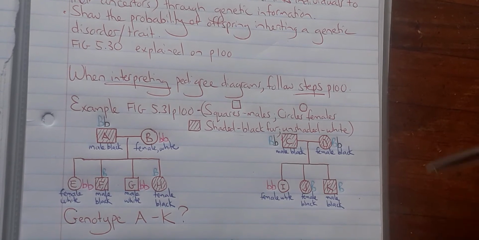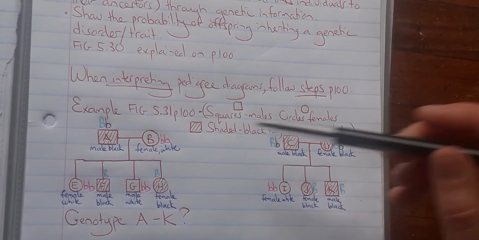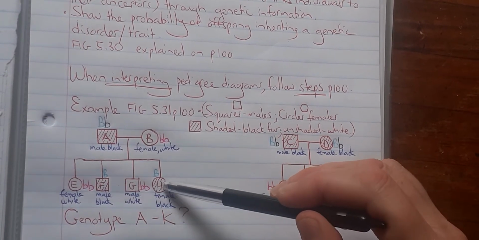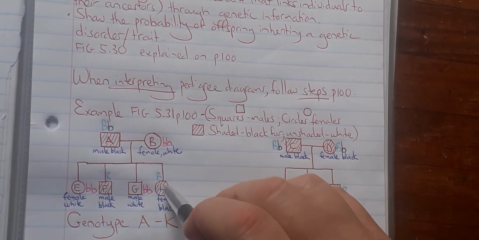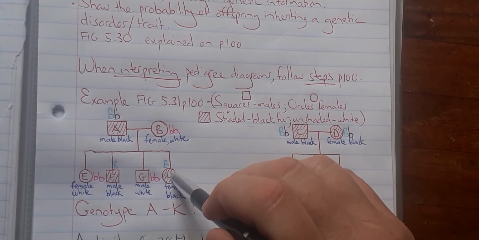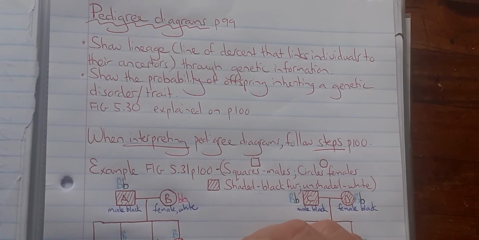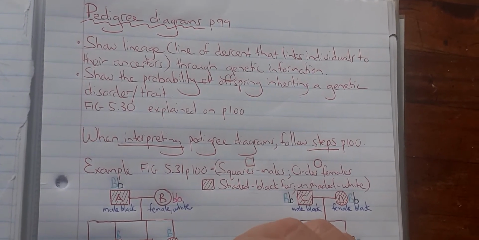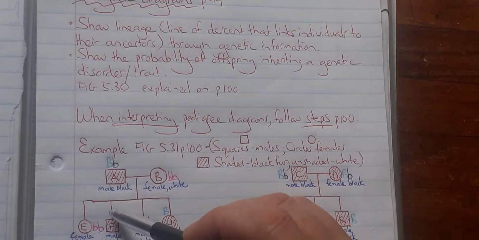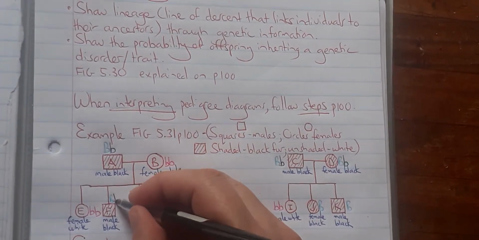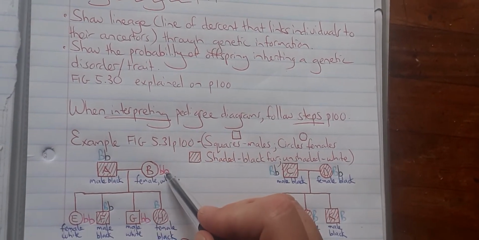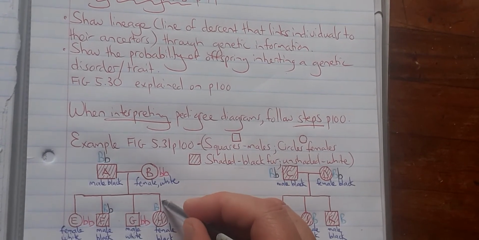Okay, now offspring F and H have one parent with the recessive condition and will therefore inherit one recessive allele. Their genotypes are therefore big B, small b, because they've got to get one of these alleles from this parent.